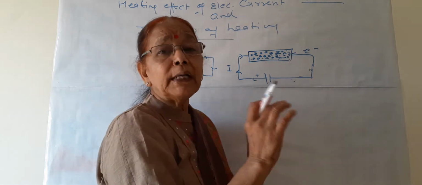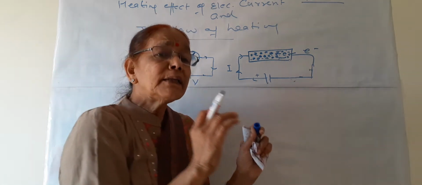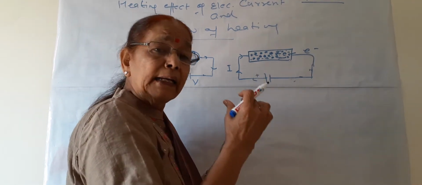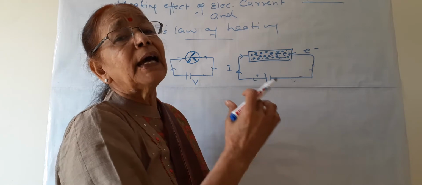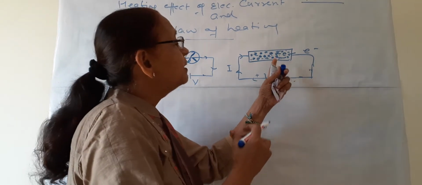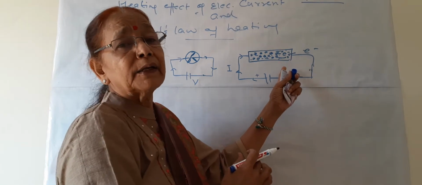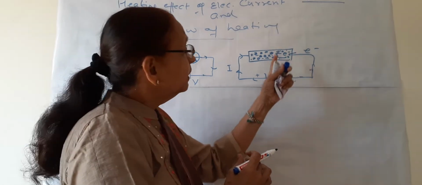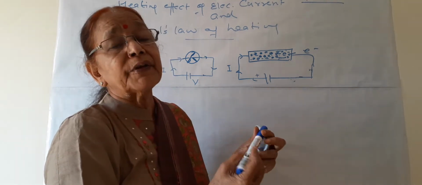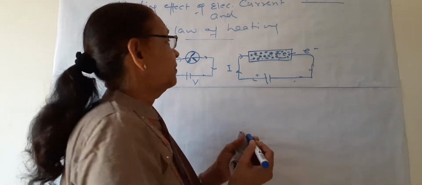By this collision and hitting, work is done, and this work is the heat energy. It is converted into heat which is dissipated by this conductor or resistor. In this way, heat is produced by the flowing of electric current in conductors.